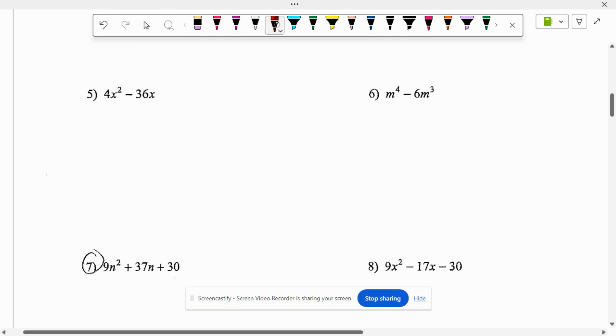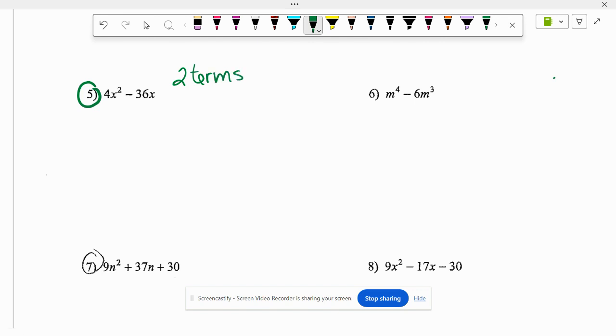Number 5. When I look at number 5, it has 4x squared minus 36x. So this has 2 terms, and it has a GCF. I can take a 4x out of both of my terms.